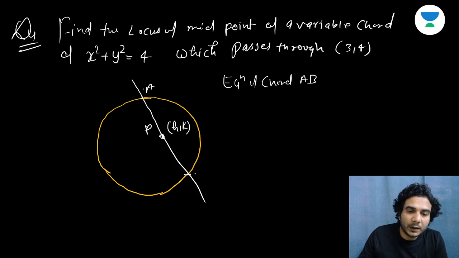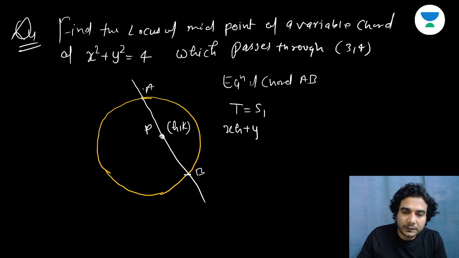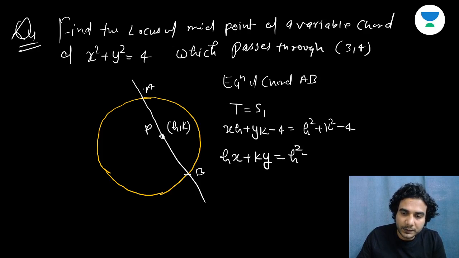This is A, this is B. You can write it using T is equal to S1. So with respect to this, it is xh plus yk minus 4 is equal to h square plus k square minus 4. So you can see it is hx plus ky is equal to h square plus k square. All right. This is relation number 1.